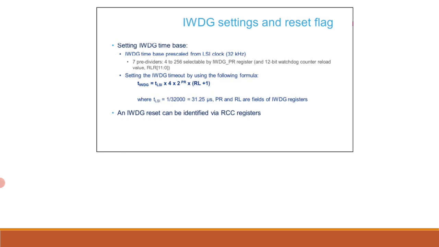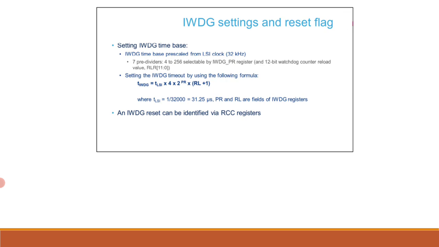The IWDG time base is prescaled from the LSI clock at 32 kilohertz, which we saw in the block diagram. The IWDG_PR prescaler register can divide the LSI clock frequency by 4 up to 256. The watchdog counter reload value is a 12-bit value written in the IWDG_RLR register. A formula can be used to determine the independent watchdog timeout.